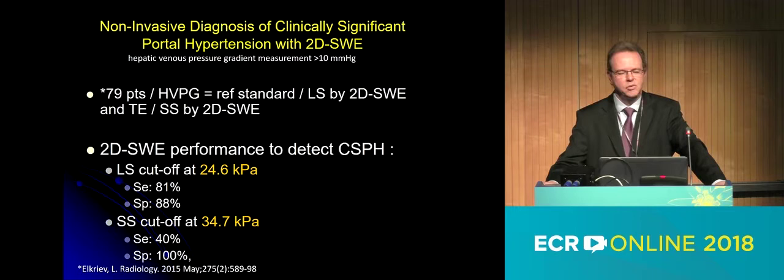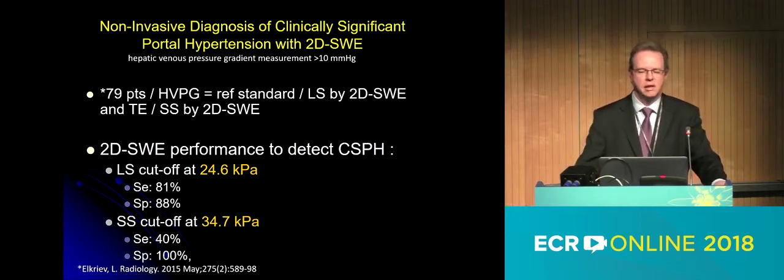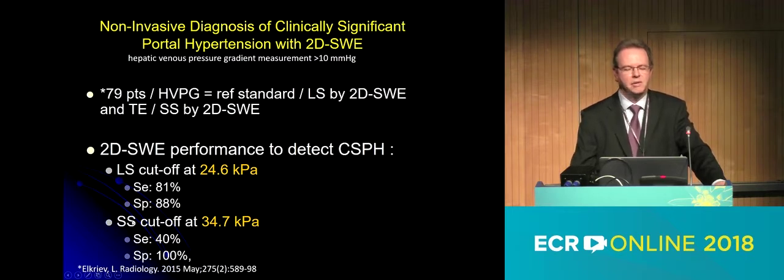This paper, published in 2015 in Radiology, found that if we set a threshold at 34.7 kilopascal of spleen stiffness, then we have a very high specificity to diagnose portal hypertension, but with a disappointing sensitivity.